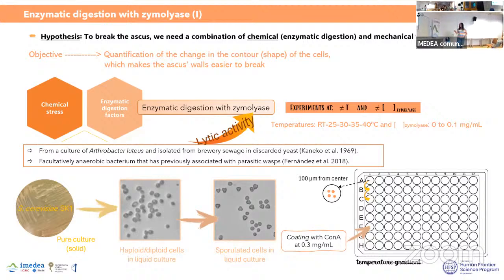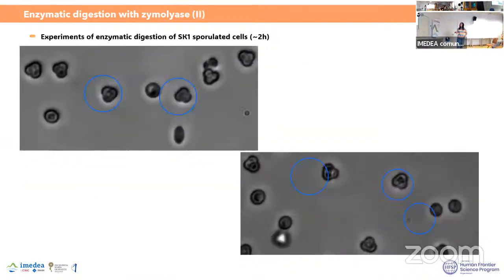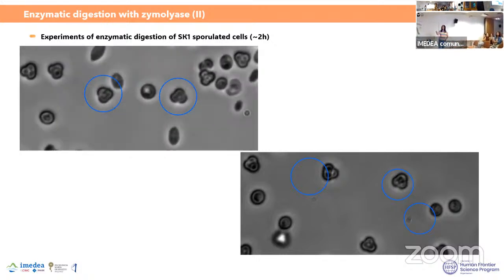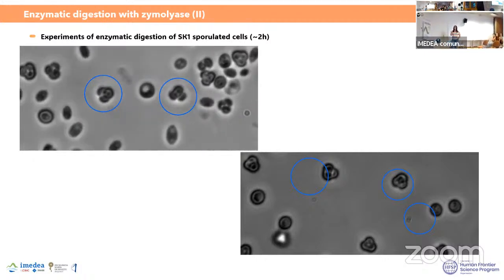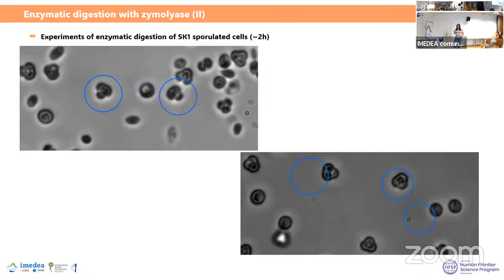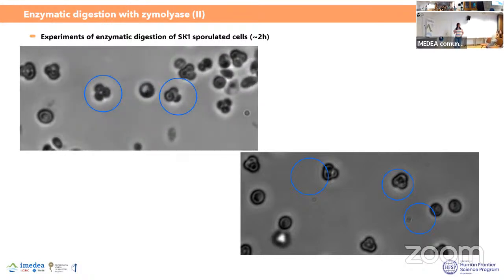So I want to show you some of the results that we got. Just focus on the blue circles. Here you can see, as I told you, that the shape is changing. It starts more rounded and then changes.